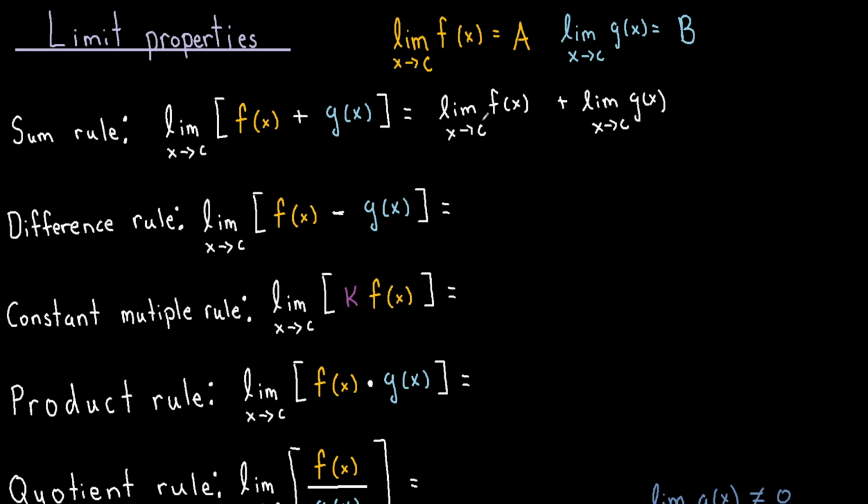And we know that the limit of f of x as x approaches c is equal to a. And we know that the limit of g of x as x approaches c is equal to b. So we will get a plus b.